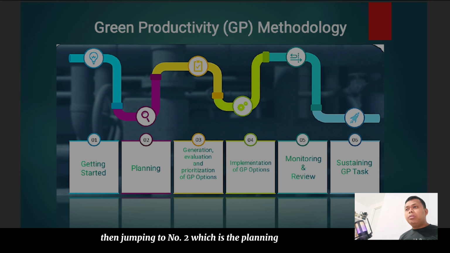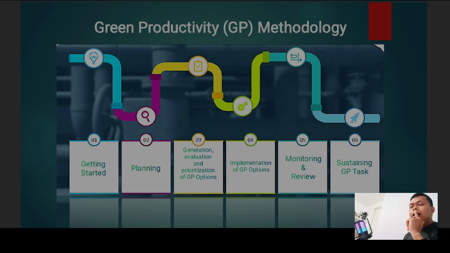Then number 2, which is planning, which is the identification of problems in order to make a framework towards the goal of the organization or the entity that uses the green productivity methodology.